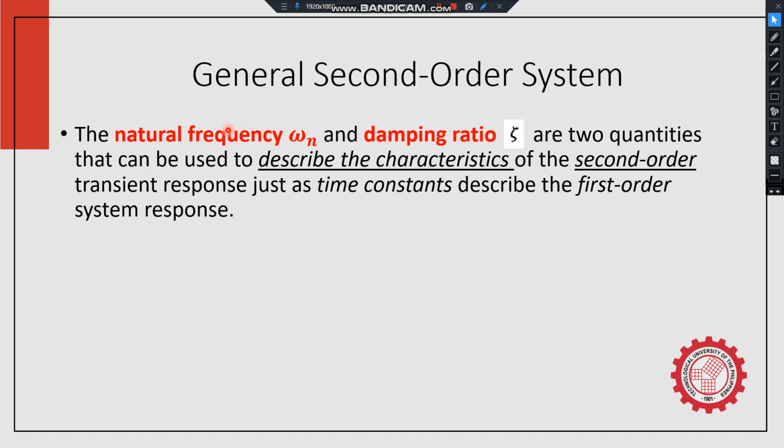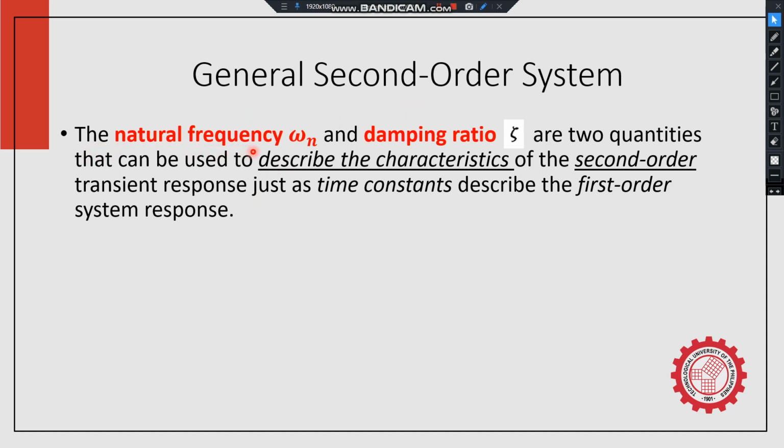To continue with our topic 4, we now discuss the general second order system. We have just discussed the 4 classifications, or the special cases of the second order system. This time, let us focus on the general second order system.